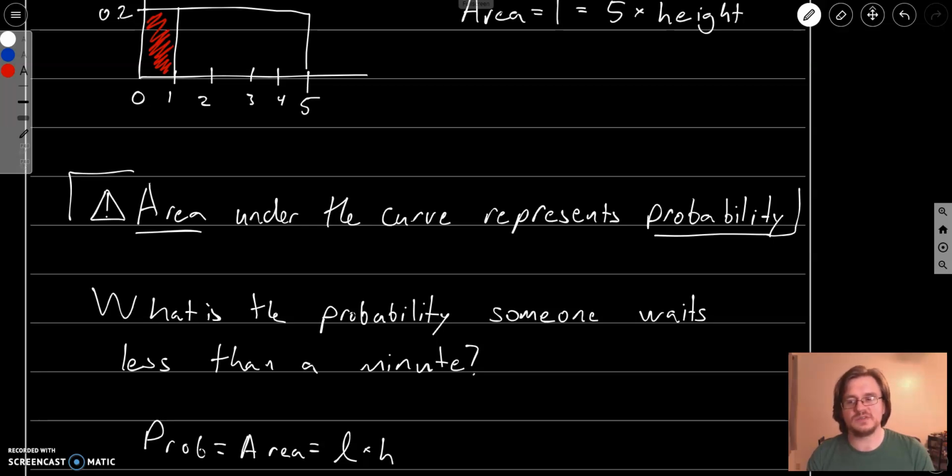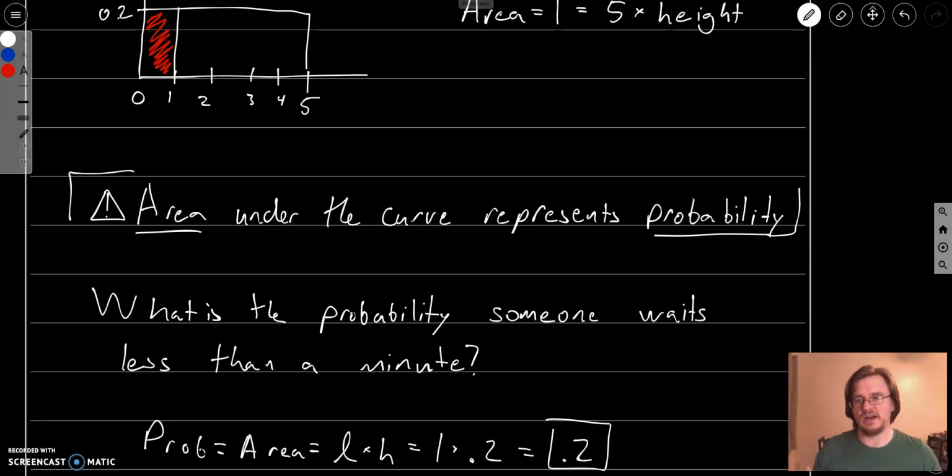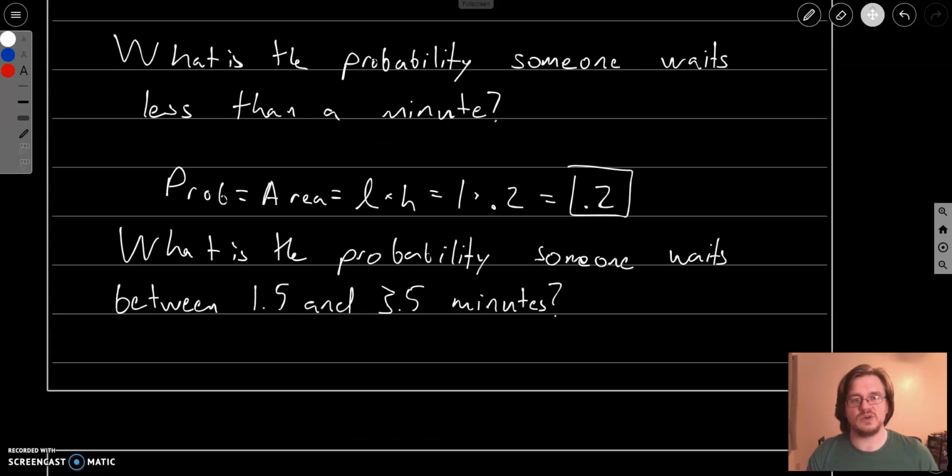Well, it goes from 0 to 1, so clearly the length is 1, and the height is 0.2. So the probability that someone waits less than a minute is 0.2. Uniform distributions are quite nice because they are only rectangles. Whenever we're trying to calculate the area of something with a uniform distribution, they're just rectangles. Let's do another one.